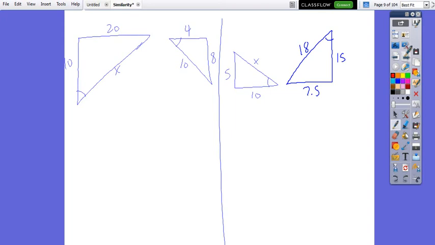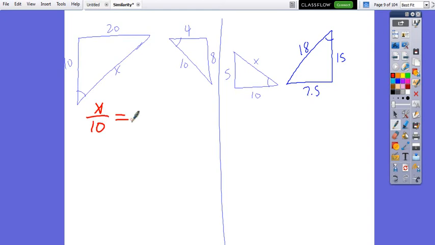But if you just know in relation to that angle where the pieces are, then it's not as bad. So first off, I know that x and 10 got to go together. Okay? So I'm going to put x over 10.